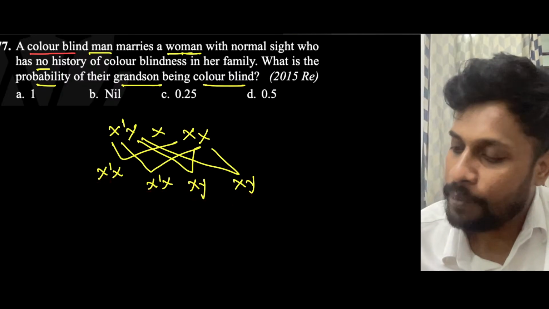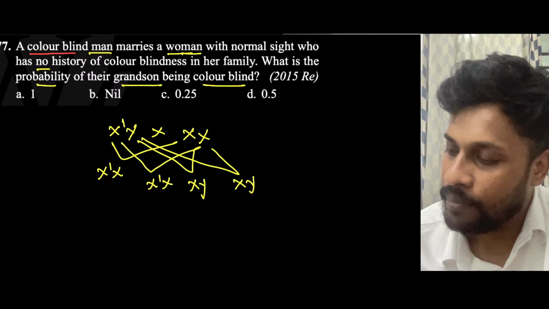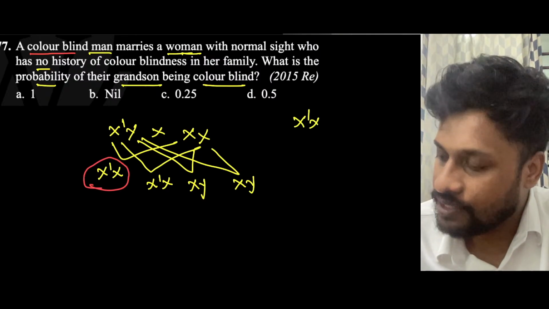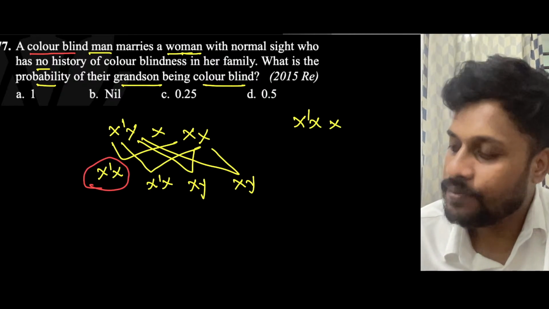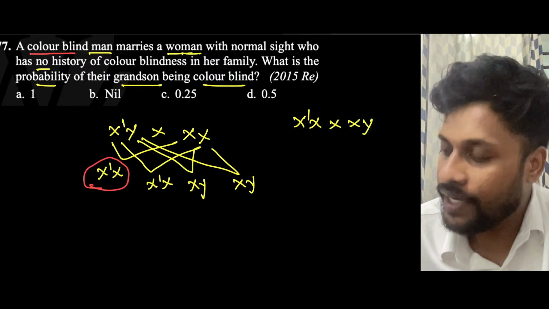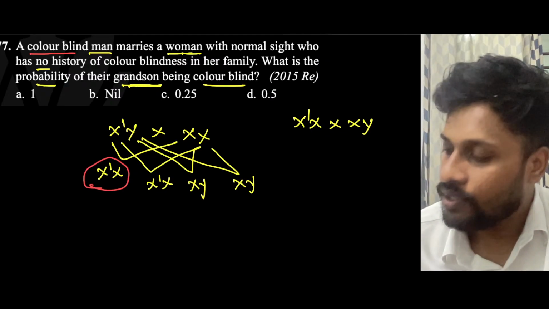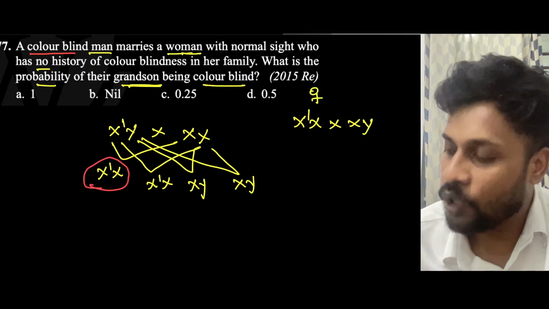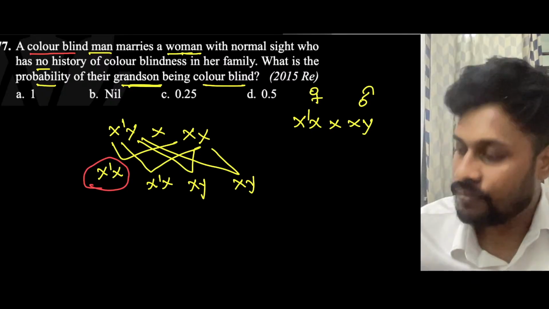Now let me take the female separately. This female is X dash X. And let's say crossing with another male, because we need to get a grandson now. Our question is about grandson, not son. Now marrying with a guy. This is daughter. This is a guy.